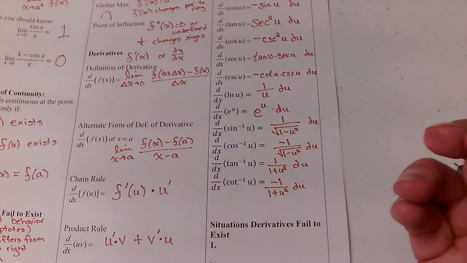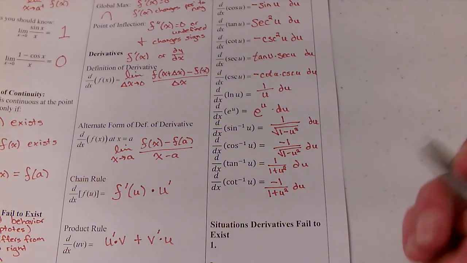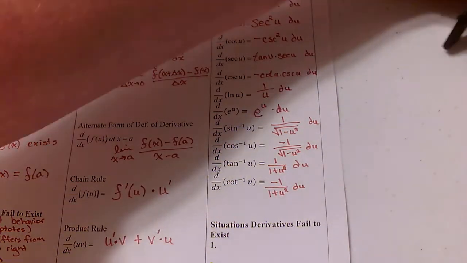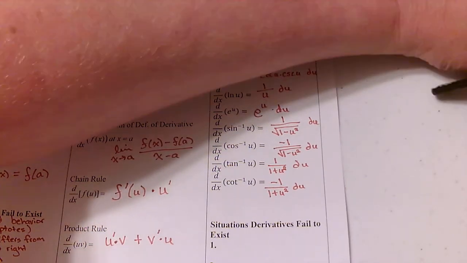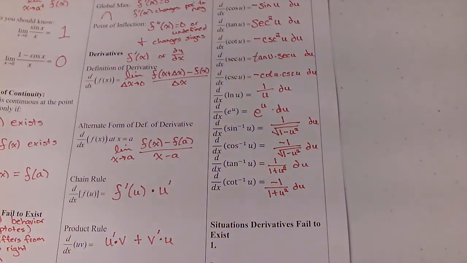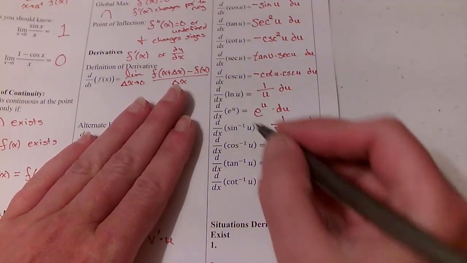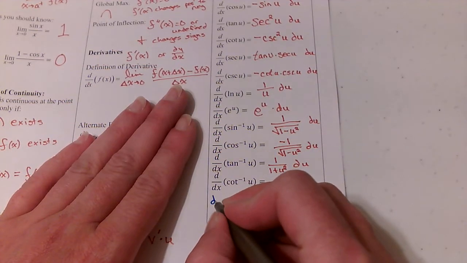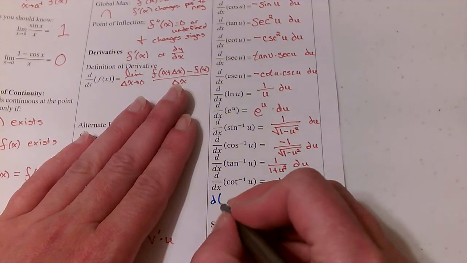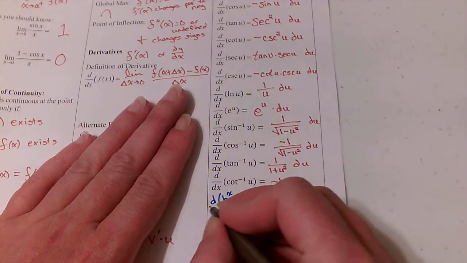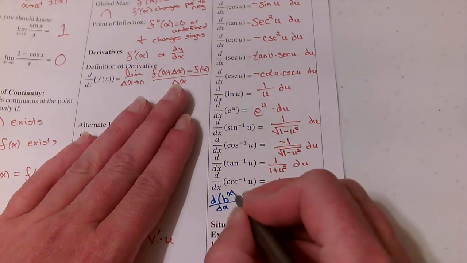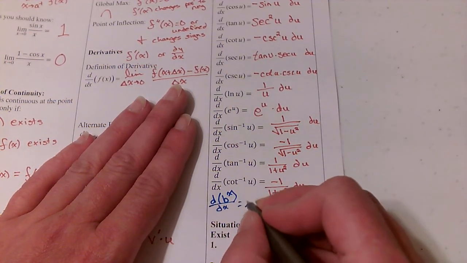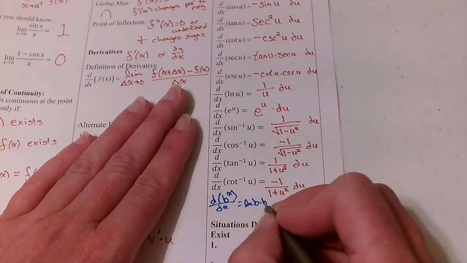Now a couple of other ones we might want to just throw in here. I'll do a different color so you can see them better. What about if you have a base other than e? I'll just do x here. What if we have the derivative of b to the x? Well, that's going to be natural log of b times b to the x.